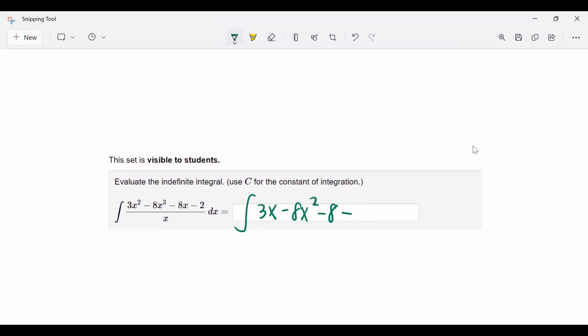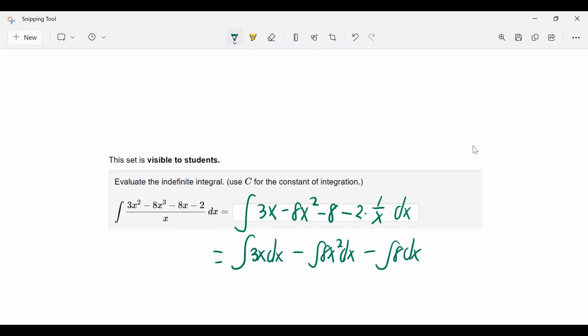Last one is 2 over x. So you can look at it as 2 times 1 over x, and then dx. Now we separate into 4 different integrals: 3x dx, minus ax squared dx, minus a dx, and then minus 2 times 1 over x dx. Are you following so far?